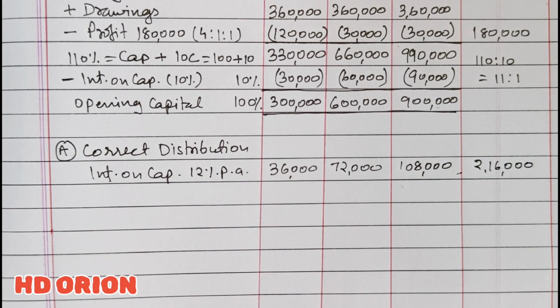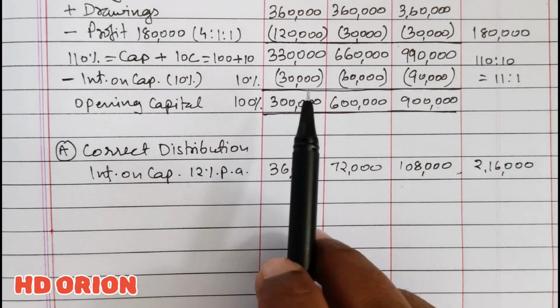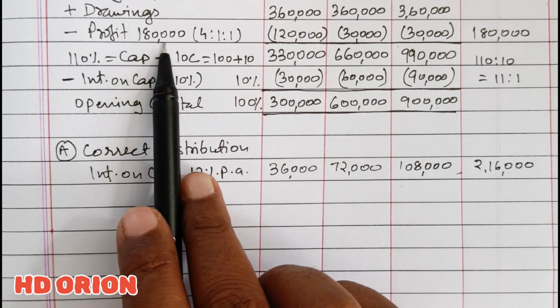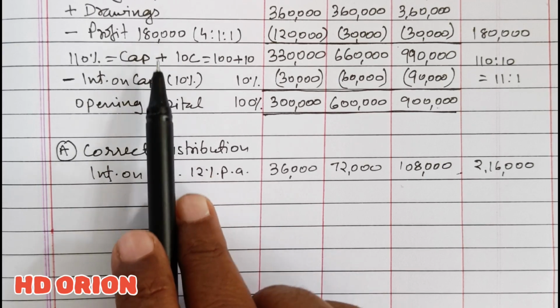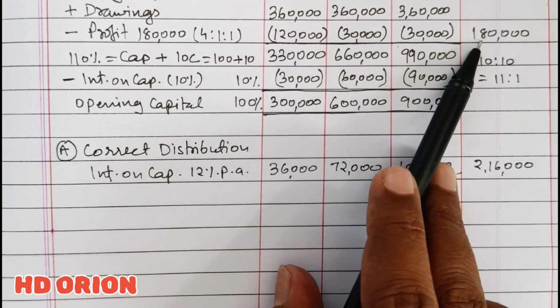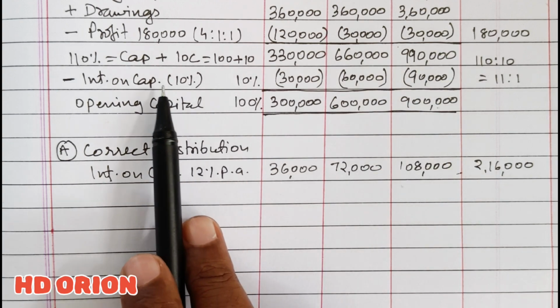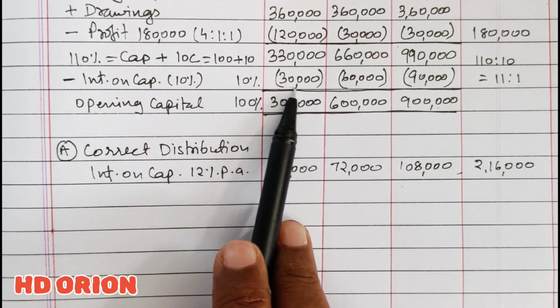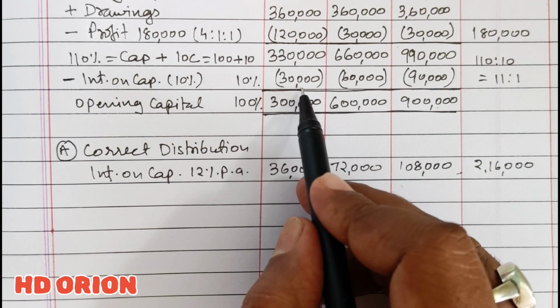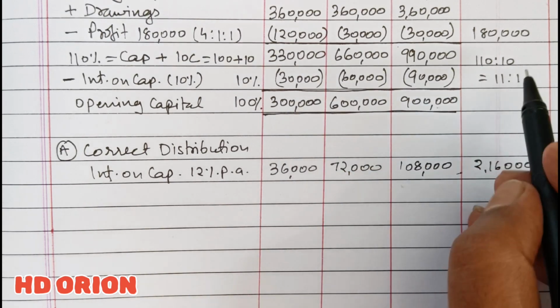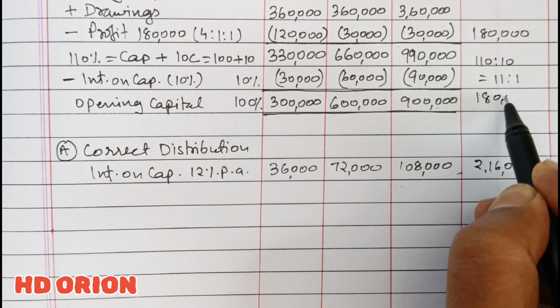Fine. That is 2,16,000. Now one thing one should understand is that here profit remaining after providing 10% interest on capital is how much? 1,80,000. And interest on capital wrongly provided to the firm is also 30,000 plus 60,000 plus 90,000 is again 1,80,000.